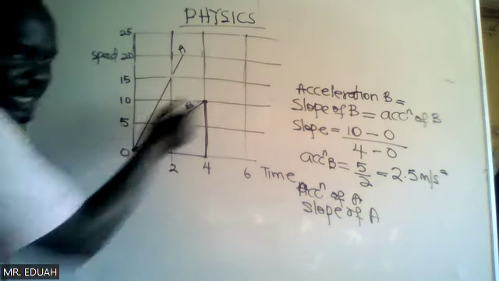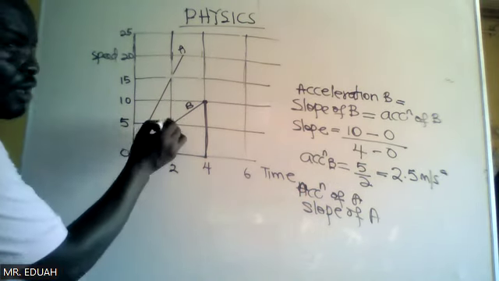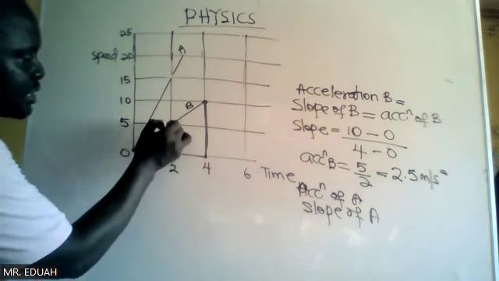And once it's a straight line, I could have also used other points for the slope, and I must get the same value. Let's see if I had used these 2 points. Change in the vertical 10 minus 5 over change in the horizontal 4 minus 2. This is 5 on 2. The value is the same.